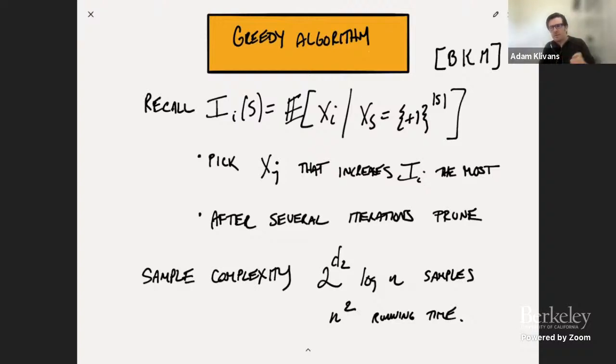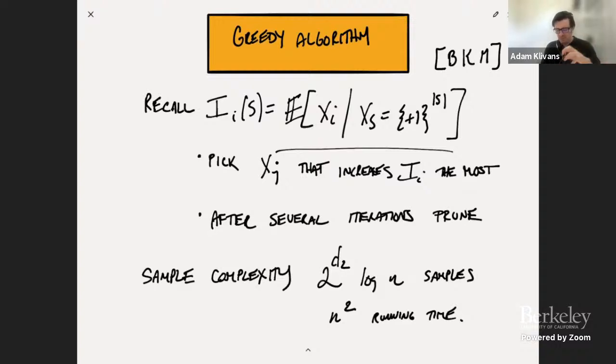And then after several iterations, they do some pruning to make sure the neighborhoods are all of the right size. They basically throw out variables that don't decrease the discrete influence function too much. And when you're trying to gather these statistics to maximize this discrete influence function, of course, you may need to pay exponentially in the size of the neighborhood. And indeed, that's what happens.